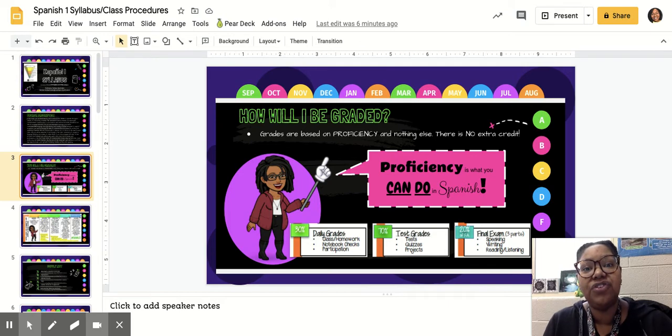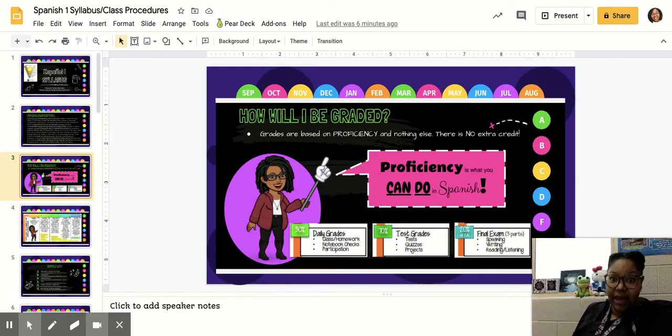Proficiency. What is proficiency? Proficiency is what you can do in Spanish. That is how you're graded, on what you can do in Spanish. It's not just a collection of points trying to get a certain grade. Your grade will reflect what you can do in Spanish, and I will show you how on the next slide.